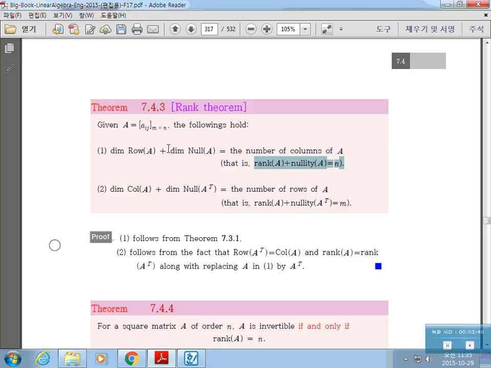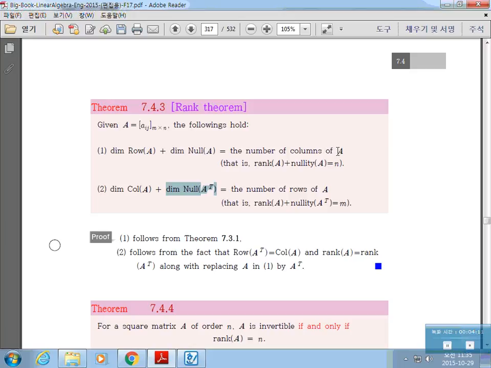Similarly, we think about A transpose. A transpose is an n by m matrix. So the dimension of the row space of A transpose plus the dimension of the null space of A transpose should be the number of columns of A transpose.